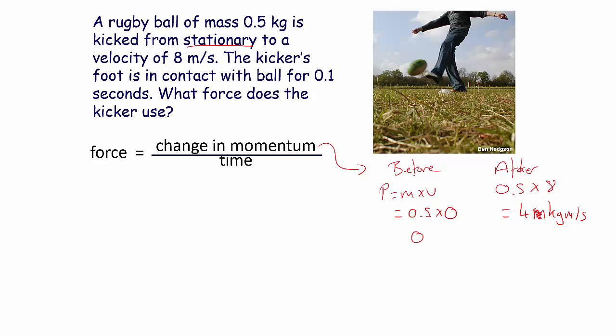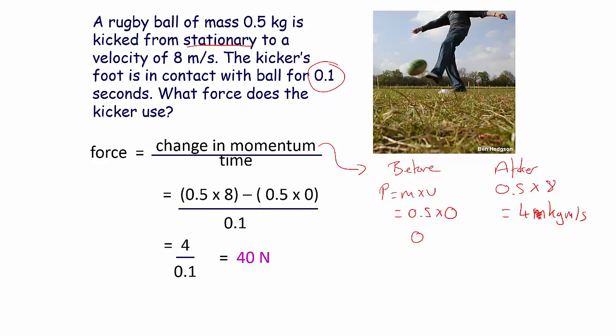So, all we need to do to get the change in momentum is that we take away the before from the after. So we'd do 0.5 times by 8 minus 0.5 times by 0. And then the amount of time that it took, just to extract it from the question, was 0.1 seconds.